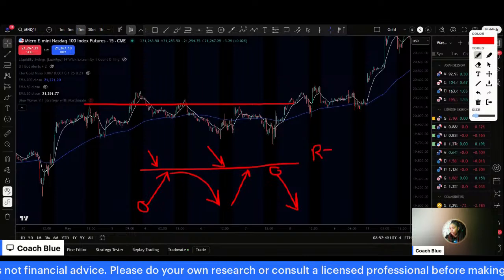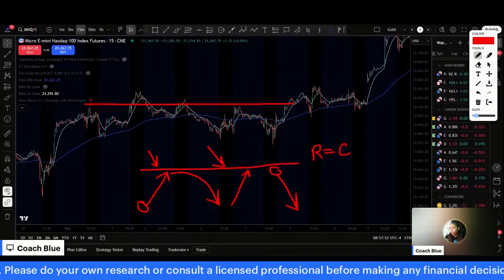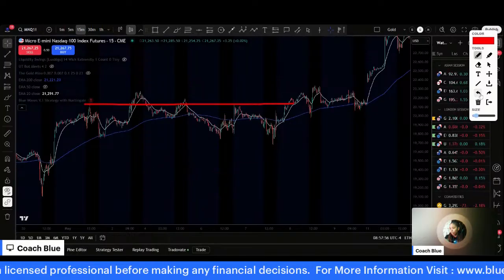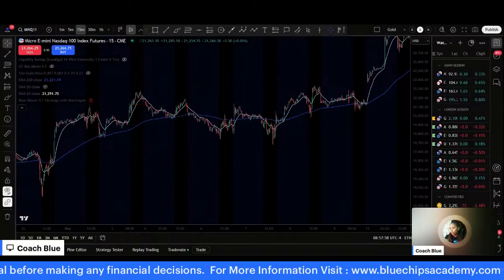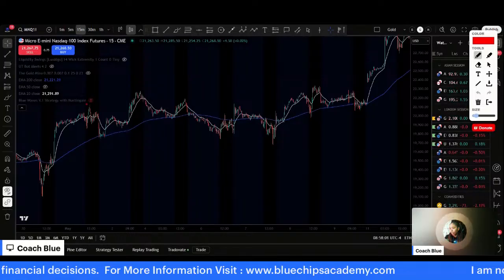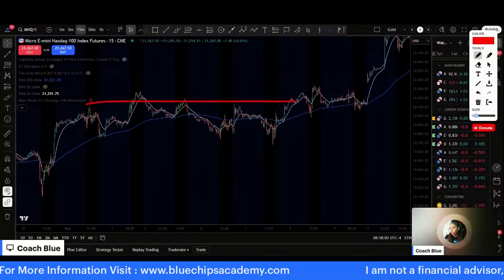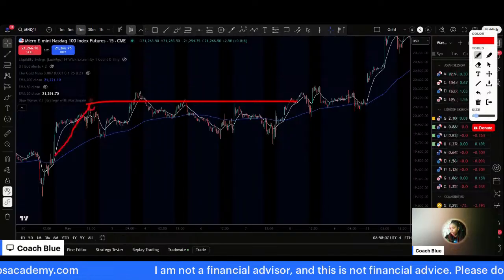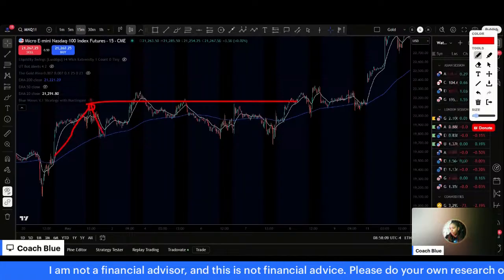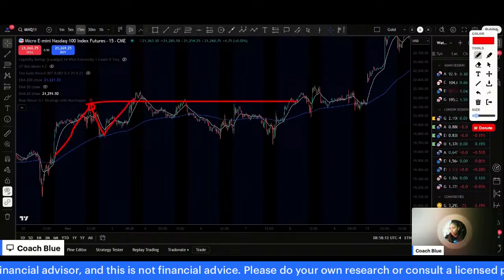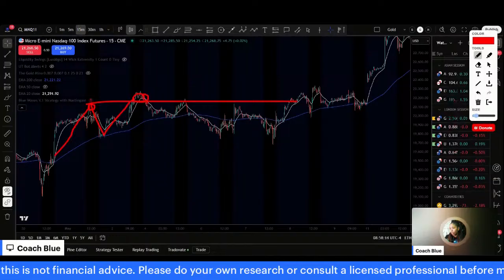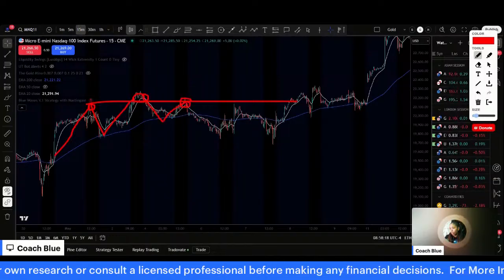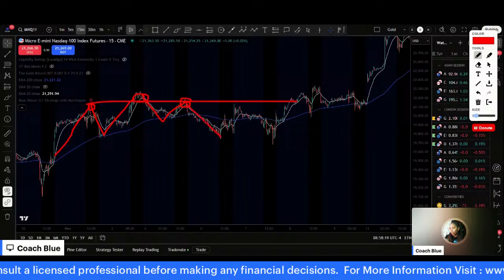So resistance is the ceiling. When we look at this structure here, here's our ceiling. Price came up to this area here. What did it do? It went down. Price came back to this area here. What did it do? It went down. Came back to this area, went down.